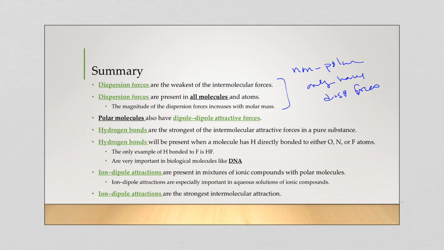So this accounts for the stability of DNA, right, because these are pretty strong, holds the two chains together, but not so strong that they can't be separated when they need to be, to unzip the double helix. And then finally, we looked at ion dipole attractions, which are present in mixtures of ionic compounds in polar molecules. The most important example of this being aqueous solutions of ionic compounds. And these are going to be the strongest of all the intermolecular attractions.